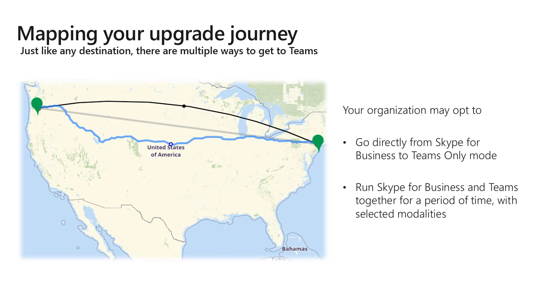In the case of going to Teams from Skype for Business, your organization may opt to go directly from Skype for Business straight into what we call Teams only mode, right? You may just simply deploy Teams, flip everybody to Teams only, and away we go. Or you may choose to run Skype for Business and Teams together for a particular period of time with selected modalities and so forth.